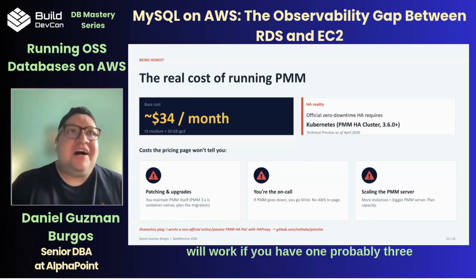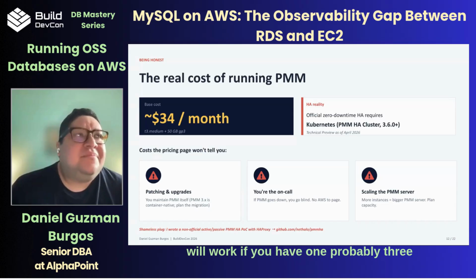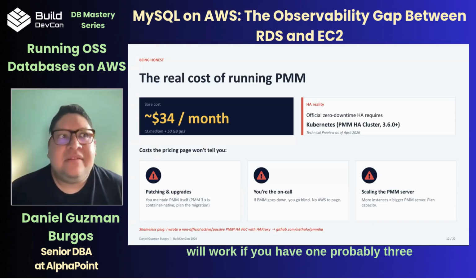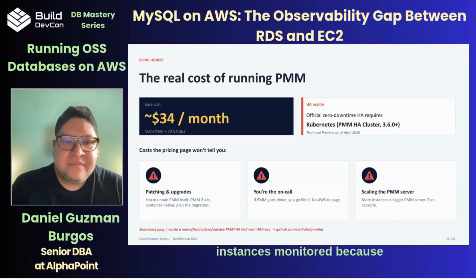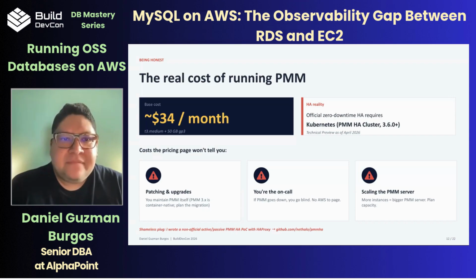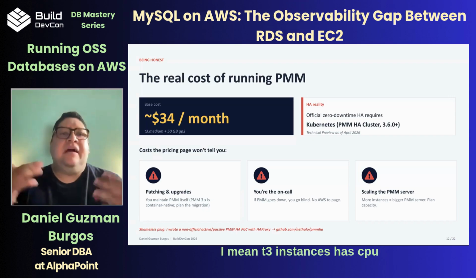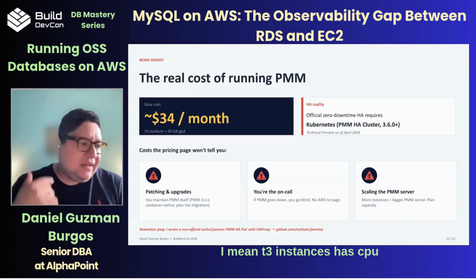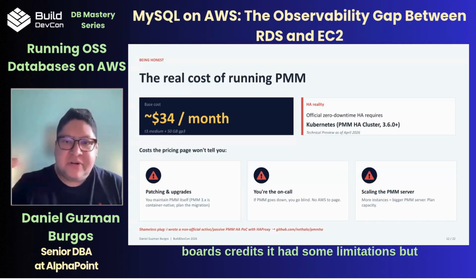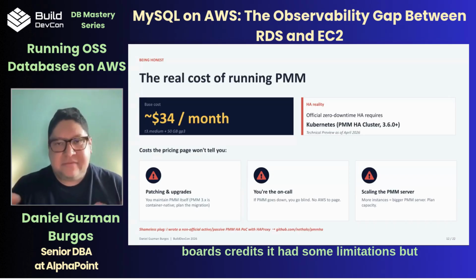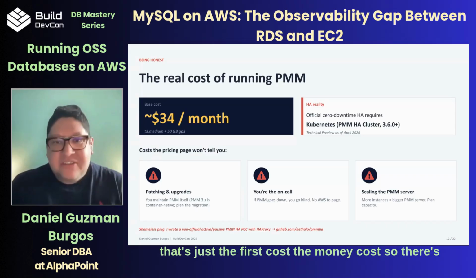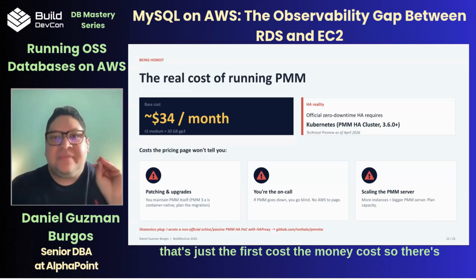This will work if you have one, probably three instances monitored. Because I mean, T3 instances have CPU burst credits, they have some limitations. But that's just the first cost, the money cost.